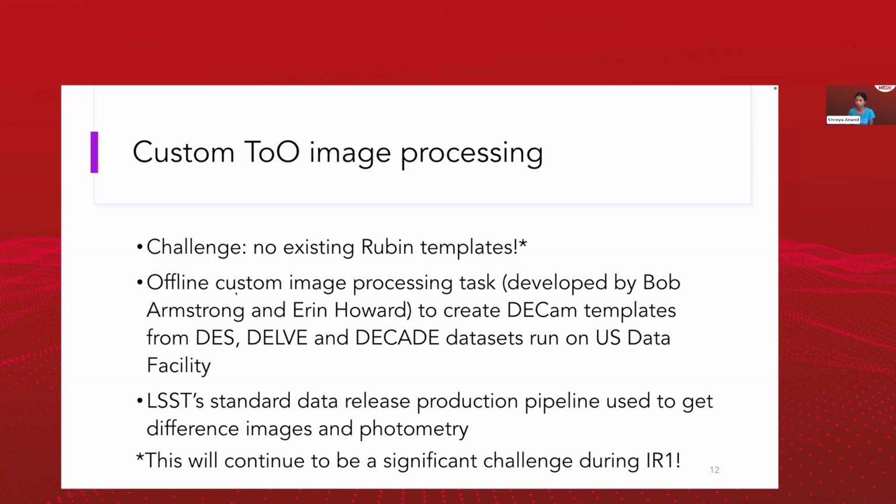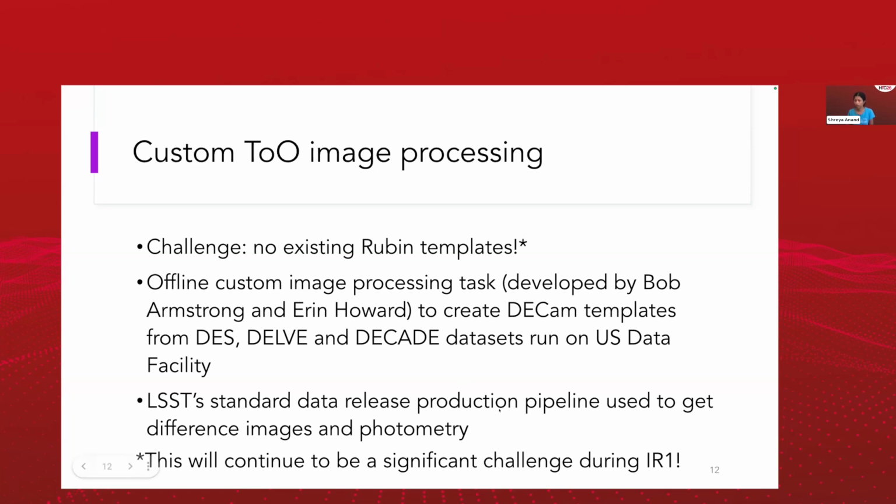So we had to run an offline custom image processing task. This was developed by 2 of our staff members at Rubin to create DECam templates from archival surveys that were covering that region and reaching a similar depth to that of Rubin.